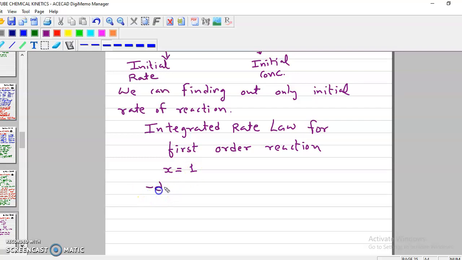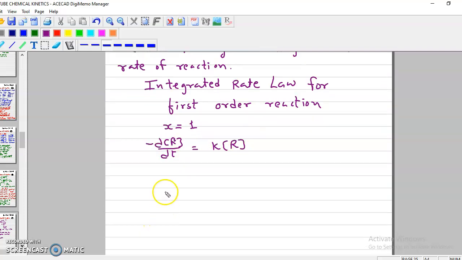So we write minus dR by dt is equal to K into concentration of R, because X is equal to 1, so we write K into R. Now we change the side of dt and R, so we can write minus dR by concentration of R is equal to K into dt.